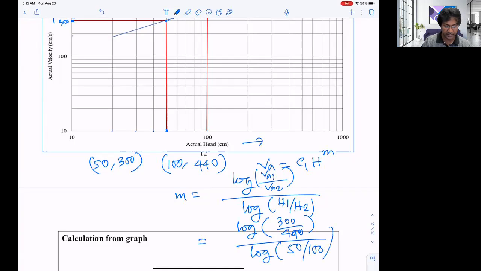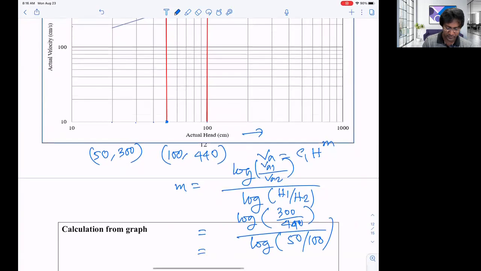Let me calculate it again. It is log 300 divided by 440 divided by log 50 divided by 100. Okay, so the value of M is 0.55. So that is the value of M.